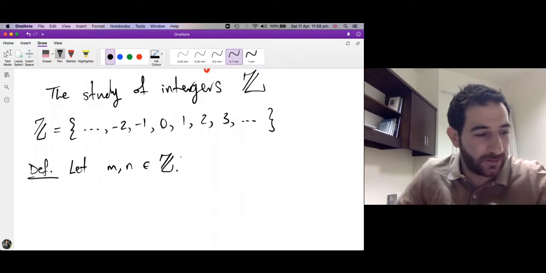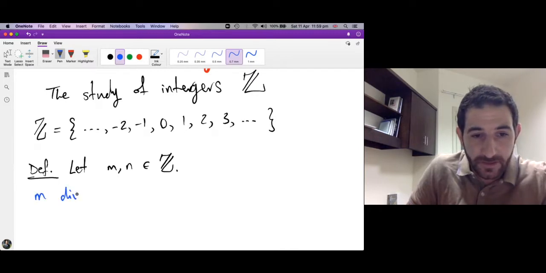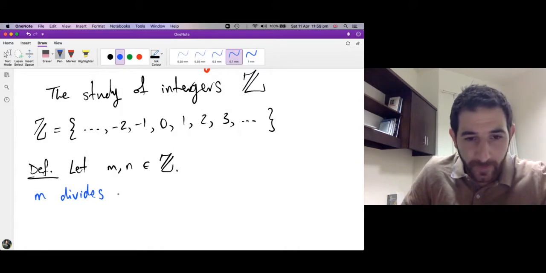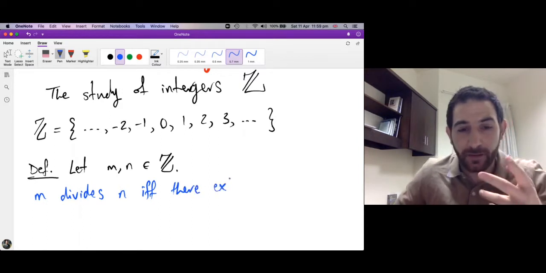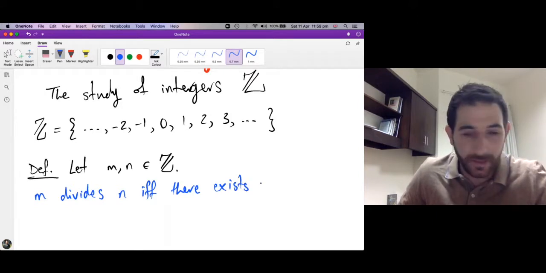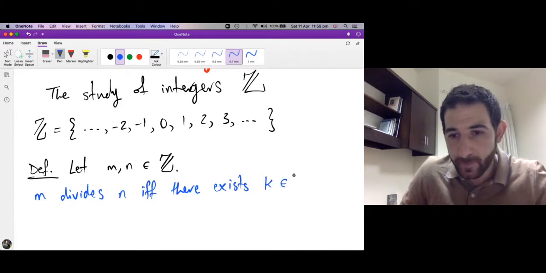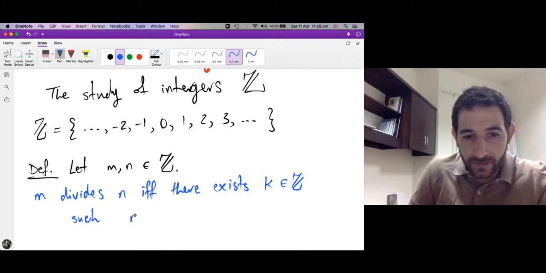Then we say that m divides n if and only if there exists another integer, say k in Z, such that n is equal to k times m.